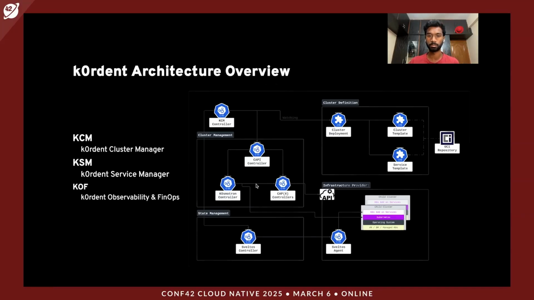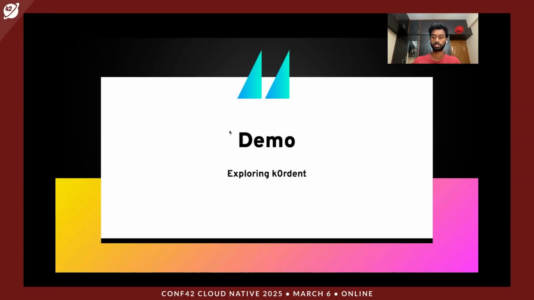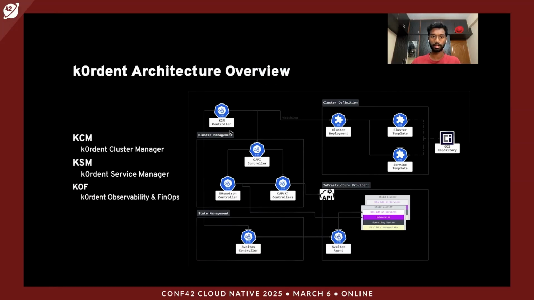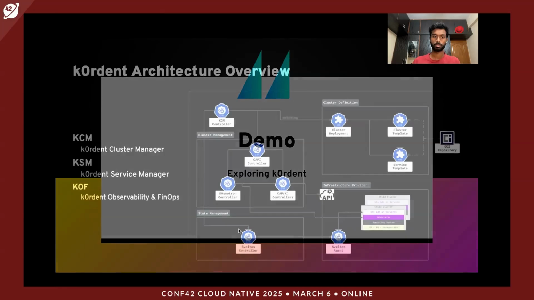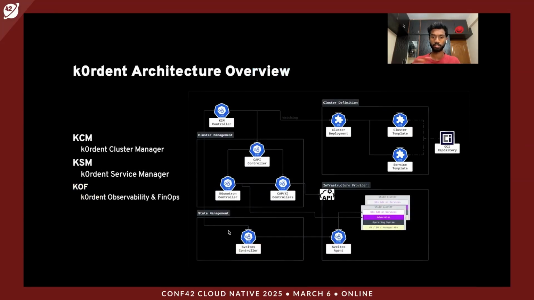This becomes your management cluster, wherein the KCM controllers and a bunch of other components related to Codent, along with the upstream components, are running on the management cluster. And right here in the management cluster, for state management, we have the Sveltos controller. Sveltos, like I said, is for managing the states and deploying applications across multiple clusters.